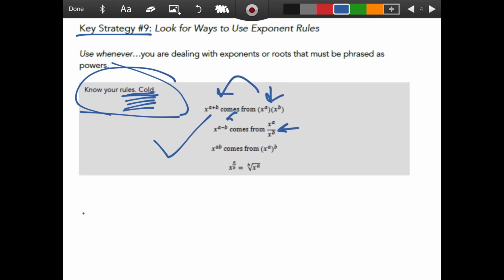Dividing, we're subtracting. 1 raised to a power, that's like multiplying exponents. And then remember this, if we have the square root of x, well, that's like saying x to the 1/2 power. These are equivalent values. So being able to manipulate these exponents is going to help us tremendously.